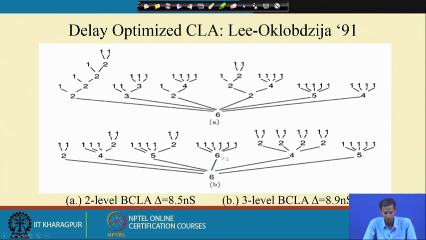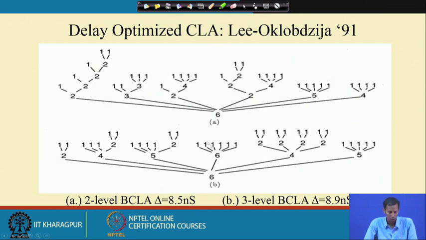Okay. And for this particular case, the maximum level is 6, but here somewhere I am having 5, and here I am having 6.